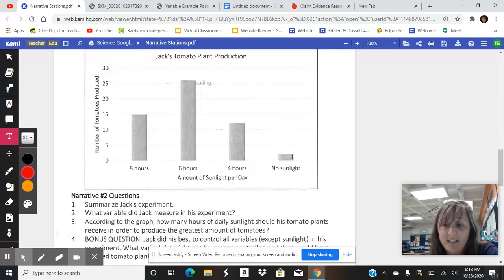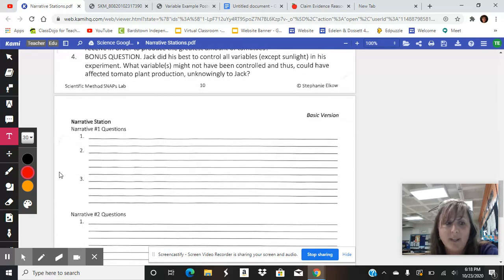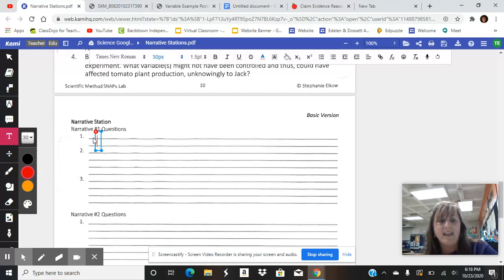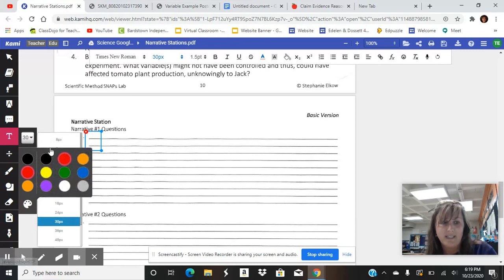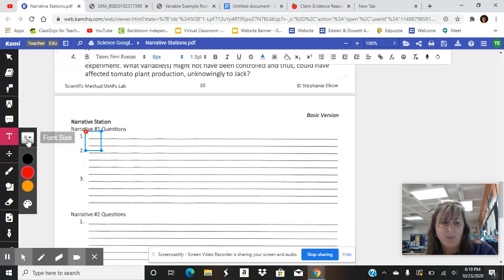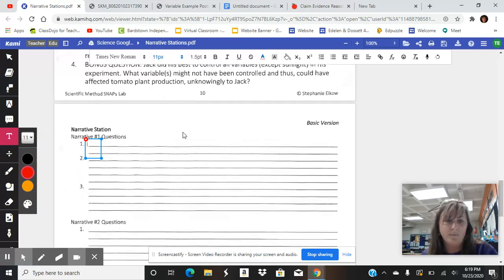So you're going to do this as well in Kami. I'm going to press my text box and put red, and I'm going to make it a little bit smaller so I can write. I'm going to use, how about 11? So let's see.